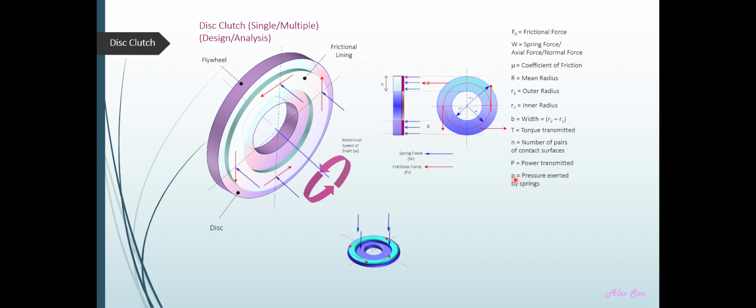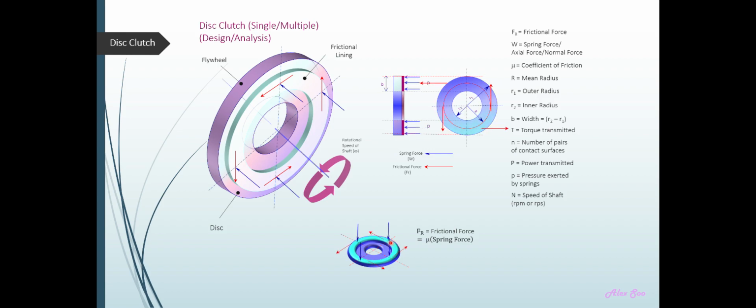The lowercase letter p refers to the pressure exerted by the springs. And N, of course, would be the speed of the driving shaft or the clutch in revolutions per minute or revolutions per second. Okay, so now to work out the frictional force, let us take a look at this diagram.